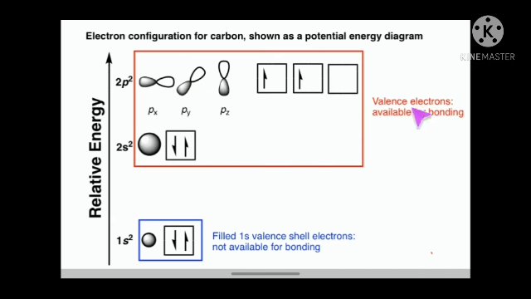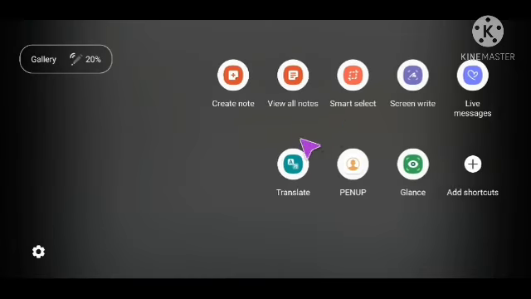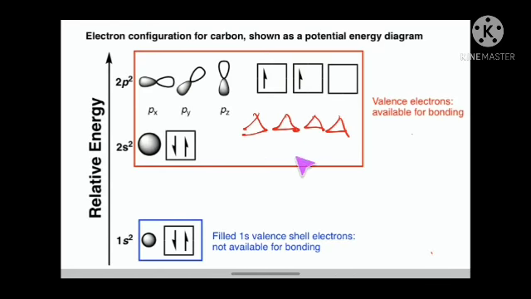So we have 4 hybridized orbitals here. This one is used, and this is also used, because in order to create sp3 hybridization we need one s orbital, so that is used, and we need 3 p orbitals, so we used all these 3 orbitals.